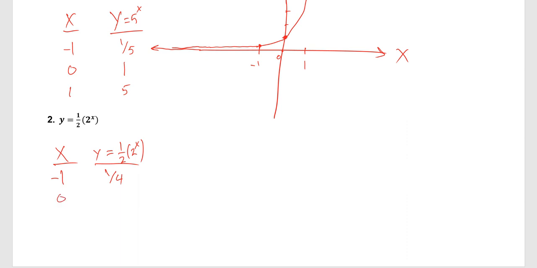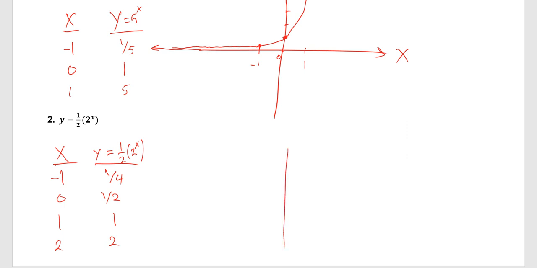For 0, 2 to the 0 is 1 times 1/2 is 1/2. For 1, 2 to the 1 is 2 times 1/2 is 1. Let's take another value just to make the graph look nicer. 2 squared is 4 times 1/2 is 2.